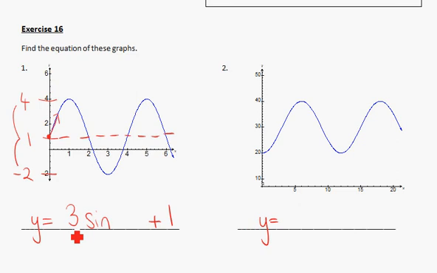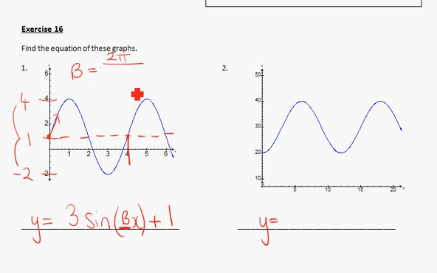Now we need to think about the period. And the number in front of the variable, we call it b in our formula. So we'll write a b there for now. And the formula is that b equals 2 pi divided by the new period, or the period that I can see here for my graph. So finding where one cycle fits. One cycle starts here, finishes here, and then another cycle begins.